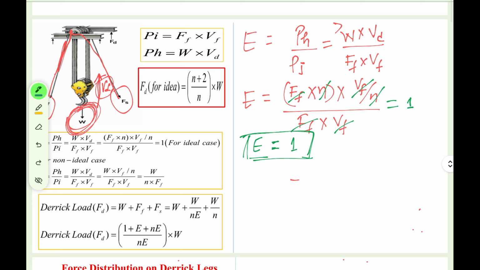So I just want to understand what the value of this efficiency will be in the actual condition.